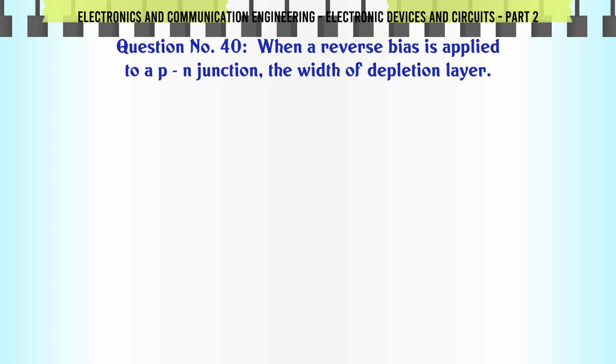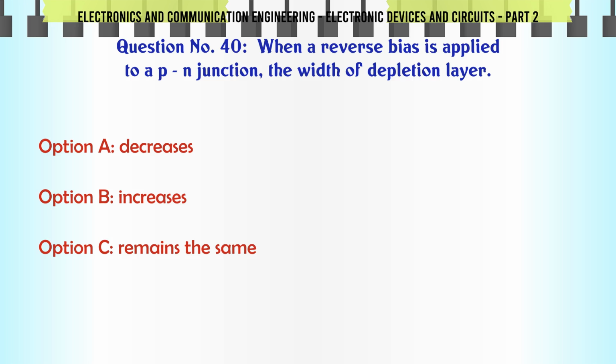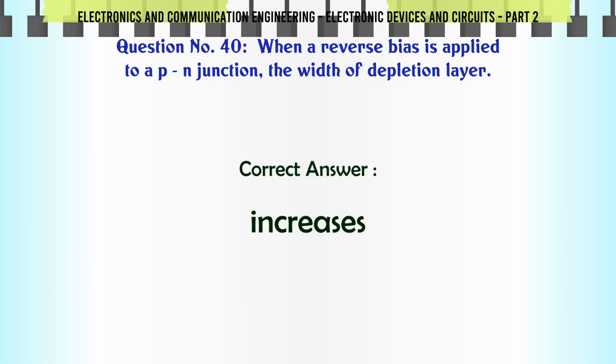When a reverse bias is applied to a p-n junction, the width of the depletion layer: A, decreases; B, increases; C, remains the same; D, may increase or decrease. The correct answer is increases.